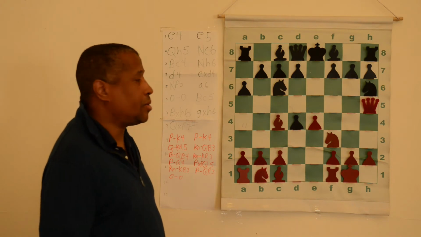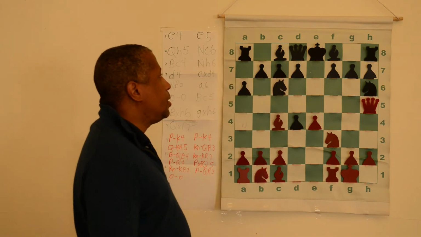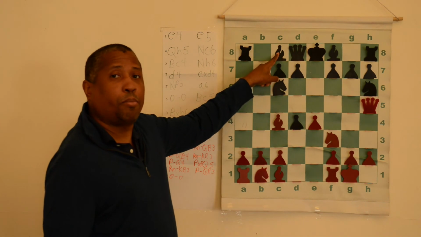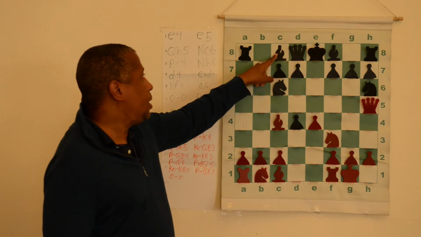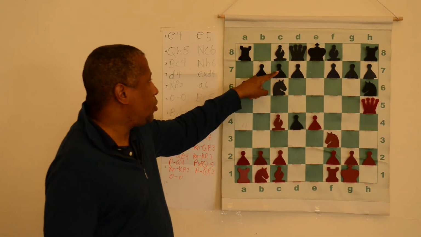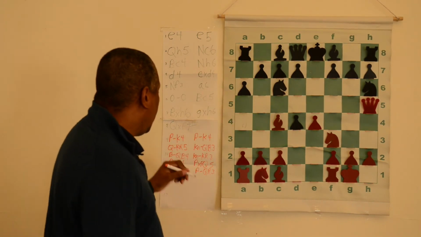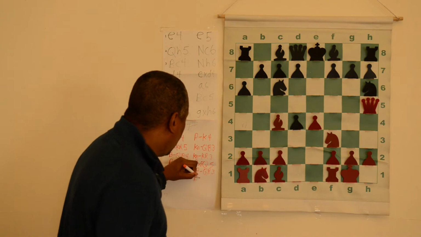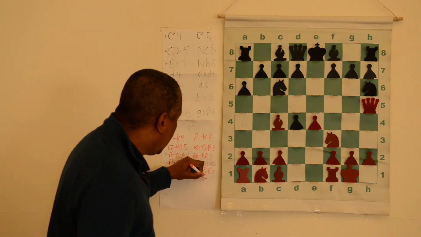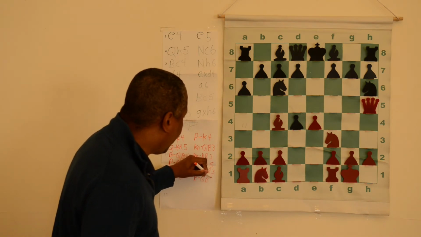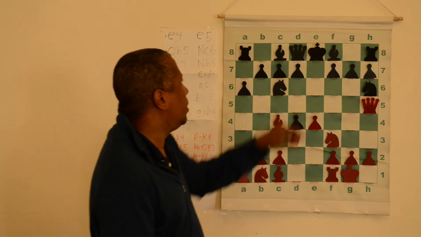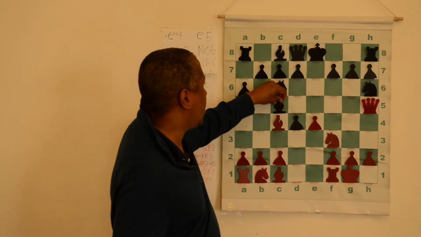What file is it? Well, it's on the side of the queen. So it's the queen's bishop file. And then that's 1, 2, 3, 4. So that would be bishop to queen's bishop 4. Comes right there, just like that.